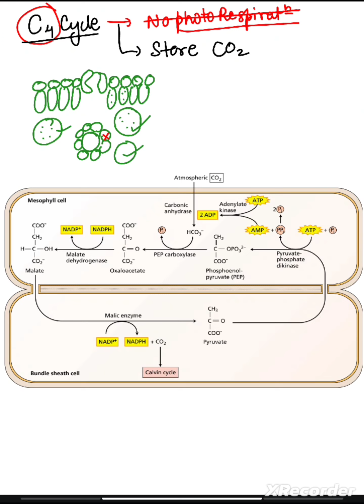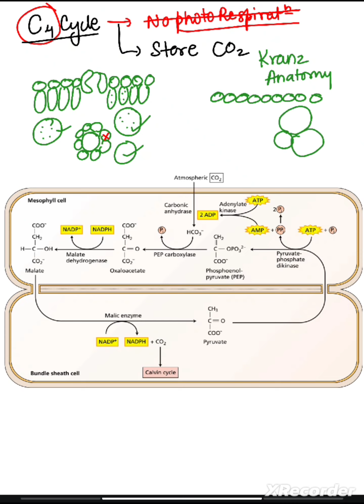Now, what is so special about the C4 plants? C4 plants show something called Kranz anatomy. These plants will have epidermis like this, and they have a vascular bundle like this. Then there are bundle sheath cells, which are a bit modified here, and they do have chloroplast.